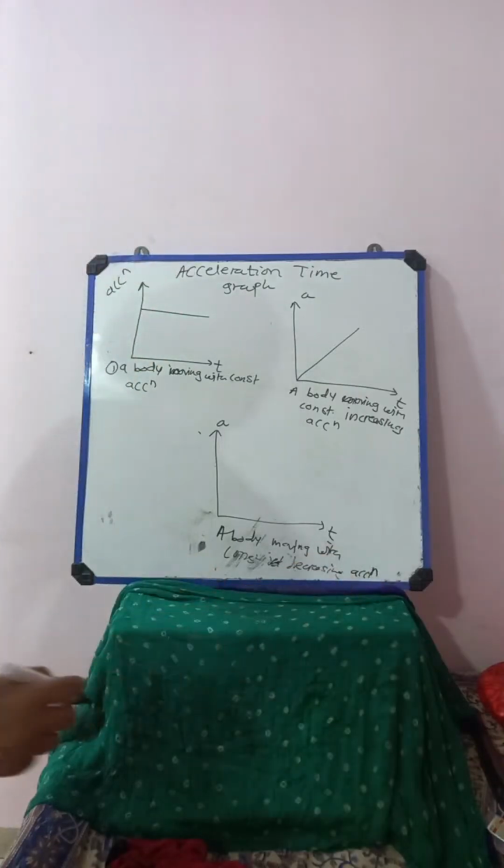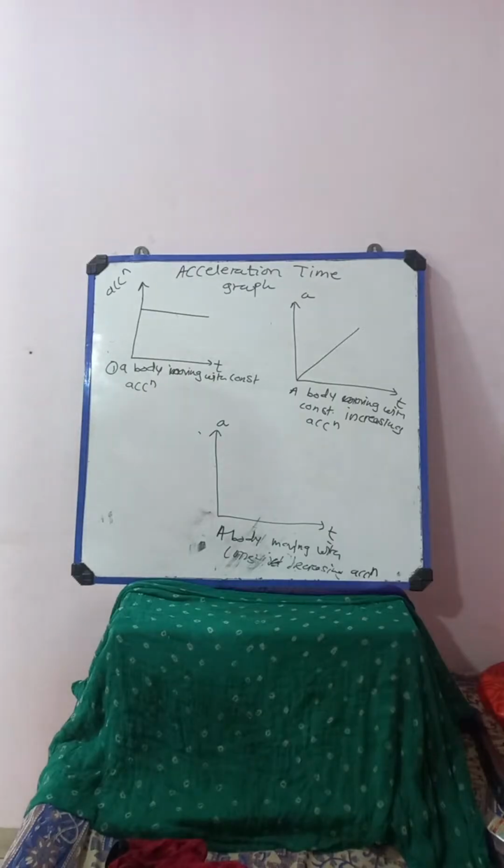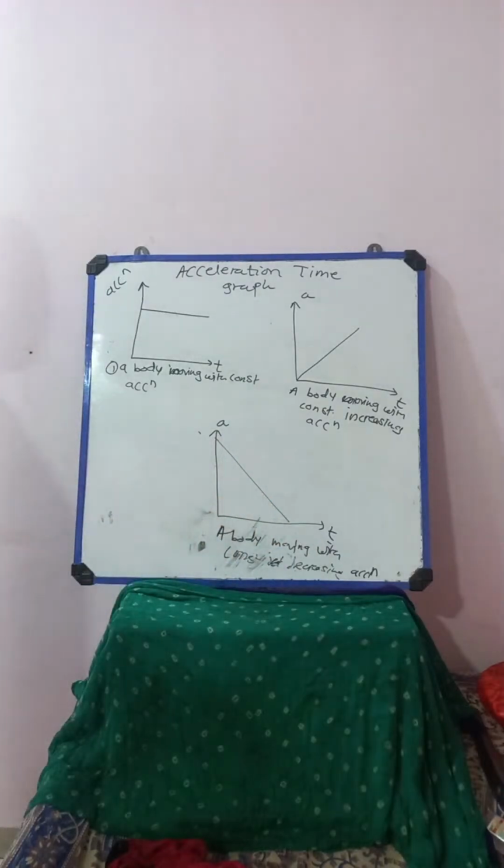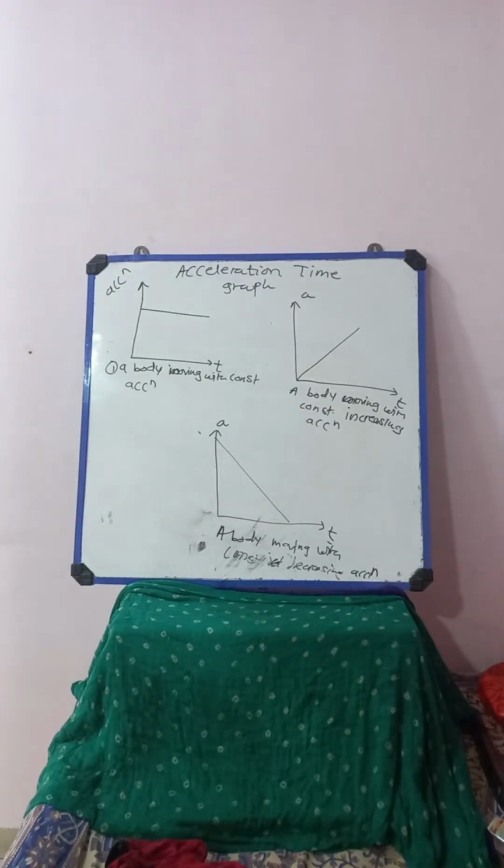Decreasing acceleration or retardation, both are same. And that retardation we are getting as that downward graph. So these three graphs we have. Okay, copy these graphs.